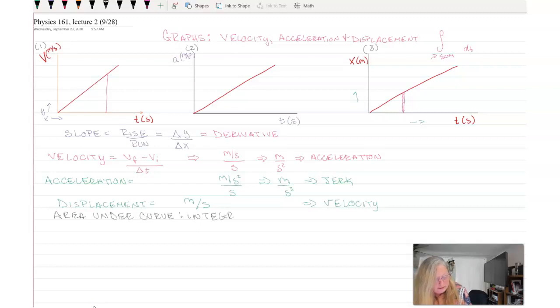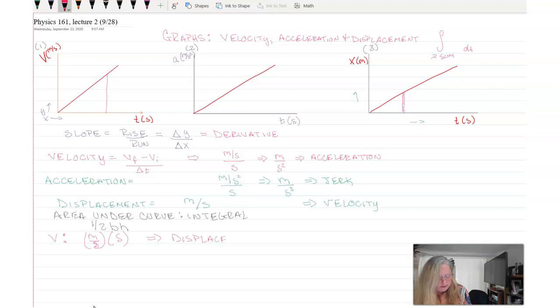And in this particular case, if I wanted to actually calculate something, I can remind myself that the area under a triangle is 1/2 base times height. So again, let's try this with each of them. So for velocity, what do I get? I get 1/2 base times height, so meters per second times seconds. Well, that gives me displacement.